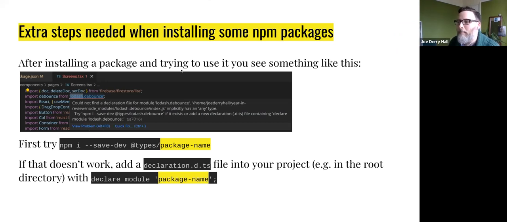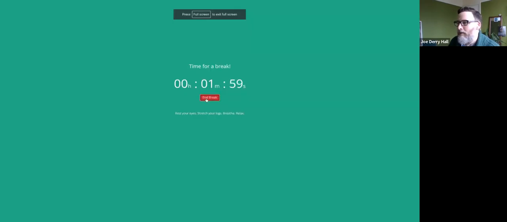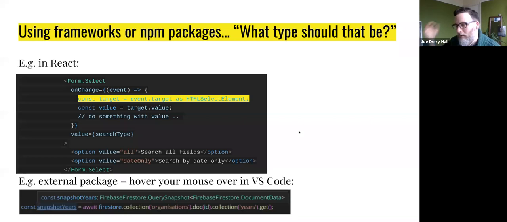Sometimes you install an npm package and your code will have this angry red line, and you get a weird message. Basically, that's if it can't find the types being used in that package. So there are some tips here on how to deal with that, to save you a bit of pain. There are also times when you have to specify types for things you don't know what they are because you didn't create them.